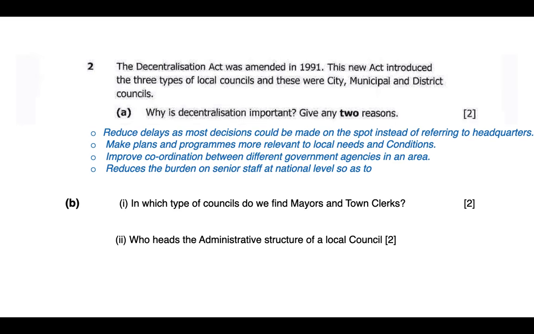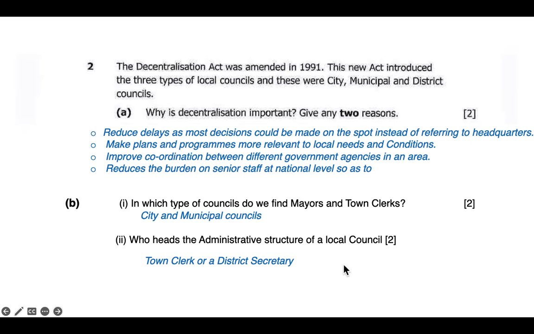And then question 2, who heads the administrative structure of a local council? A town clerk or the council secretary, or a district secretary. Those are the people who head the administrative structure of the local council.